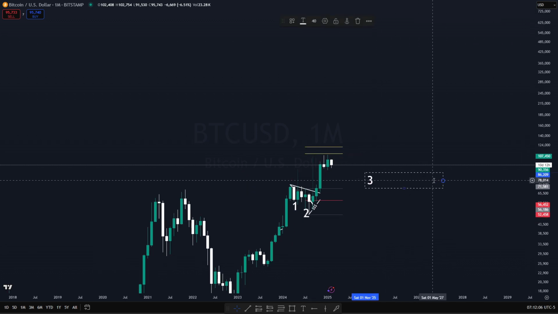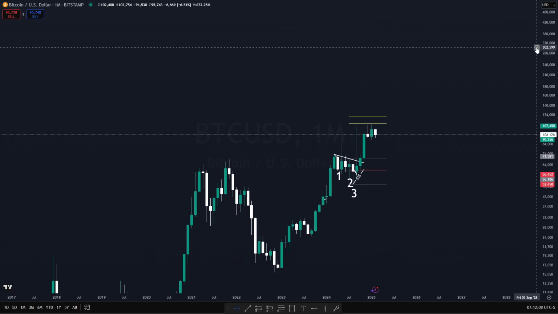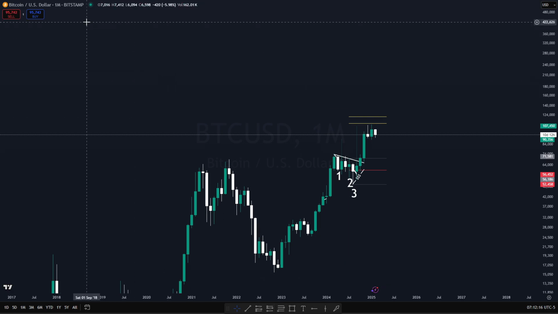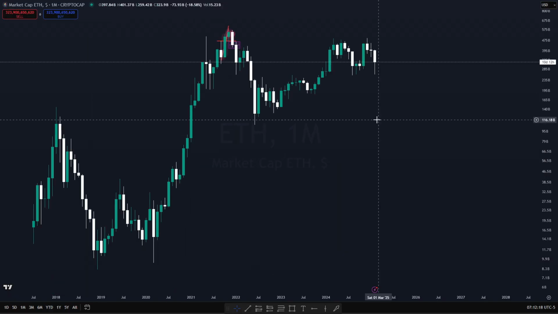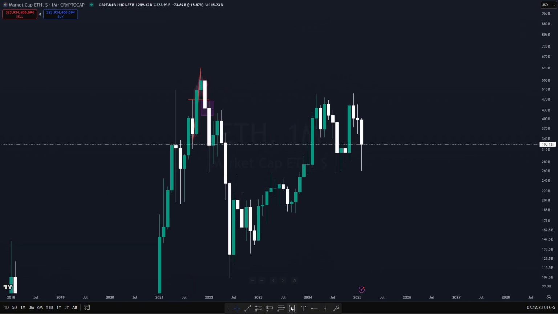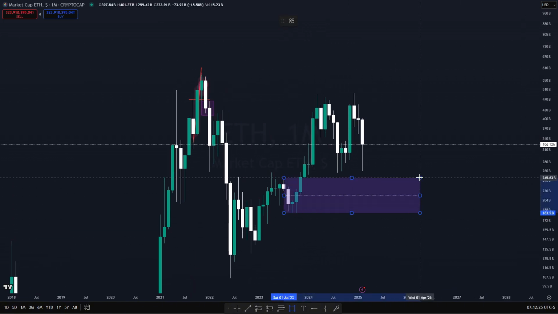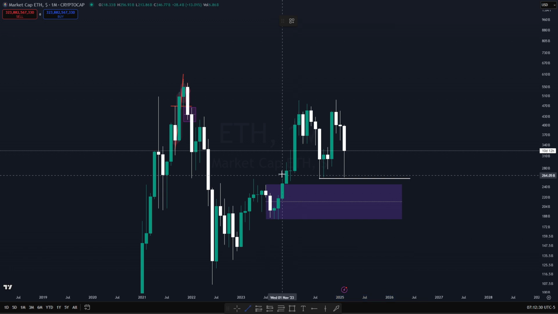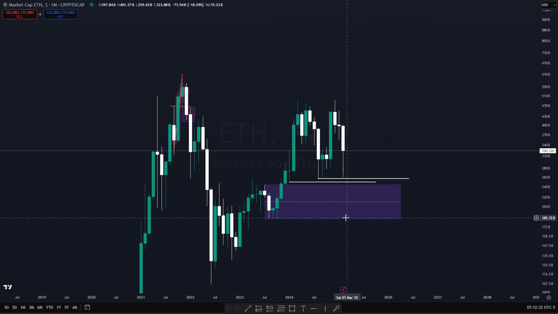Yeah, so that is my analysis of Bitcoin. I'm more hyped for Ethereum in the coming future. I think Ethereum is going to explode, but it just needs a cheeky move down. Where? Into this order block right down there. Sweep all this liquidity that we built up for months and months. Yeah.